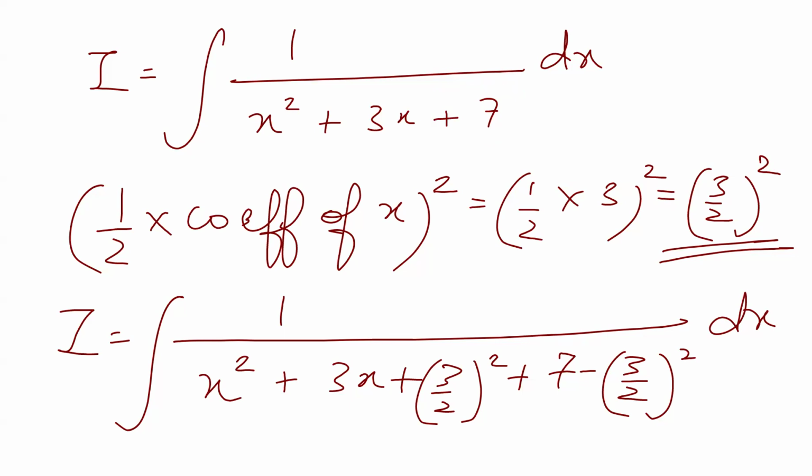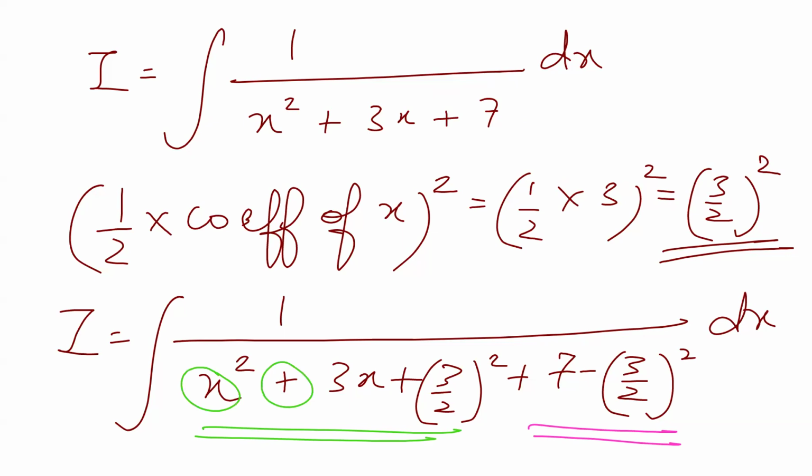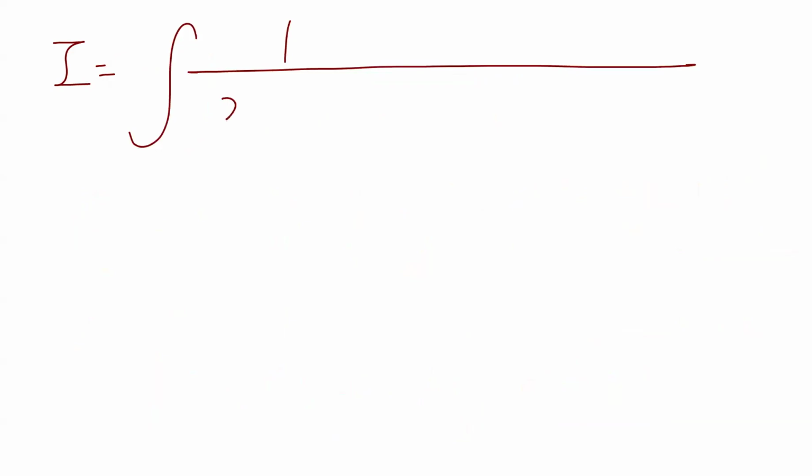Now closely observe this: the first three terms and the last two terms. The first three terms will be x plus 3 by 2 the whole square. So integration 1 upon x plus 3 by 2 the whole square, right?